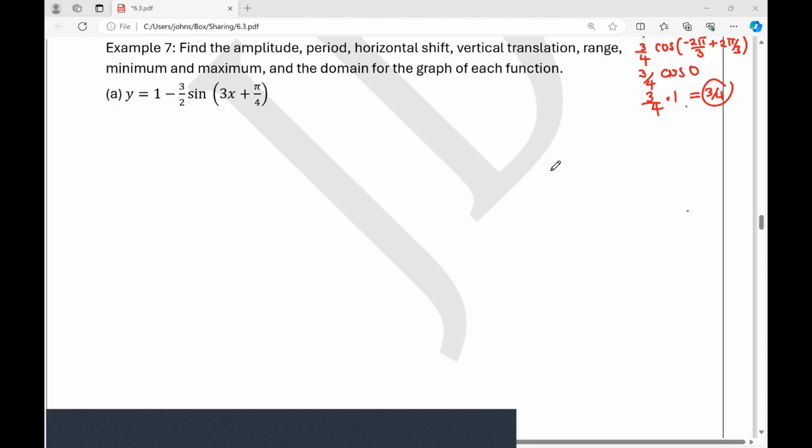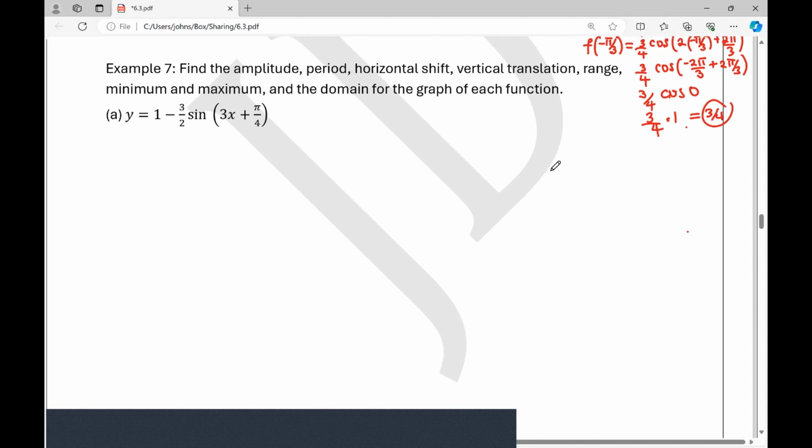All right, so for example 7, you will see that now we can rewrite these as minus 3/2 sine of 3x plus pi/4, and this is going to be plus 1. So the difference here is that now we have a vertical translation.